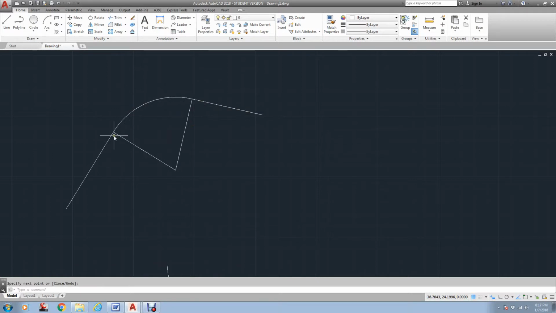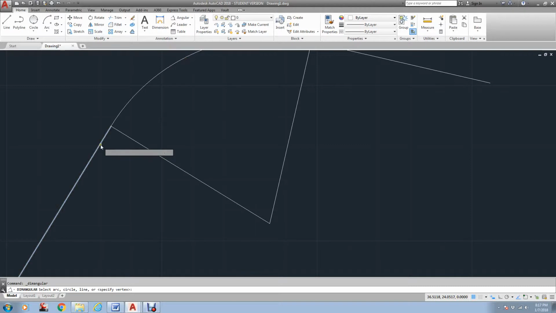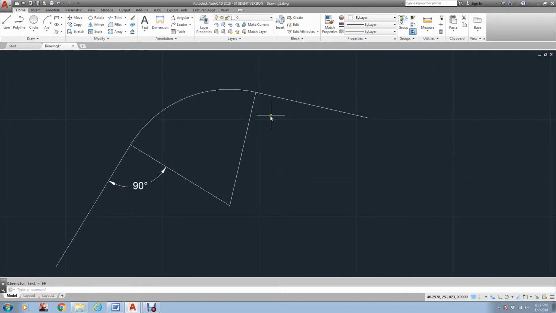For a line to be tangent to an arc, this has to be 90 degrees. Right here. That has to be 90 degrees. And then also on the next, it has to be 90 degrees here. Okay, well, I'll just take the circle out. That's what has to happen.